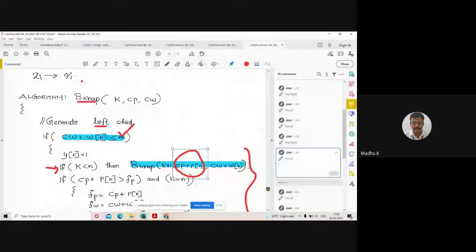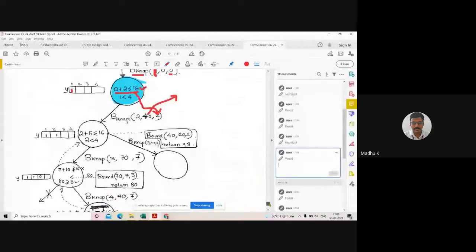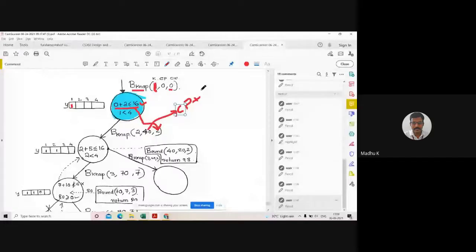So that is the middle parameter. Please note here: Cp plus P of k.